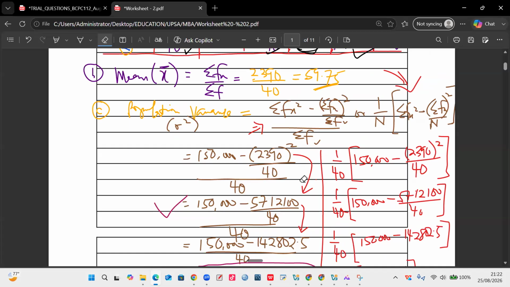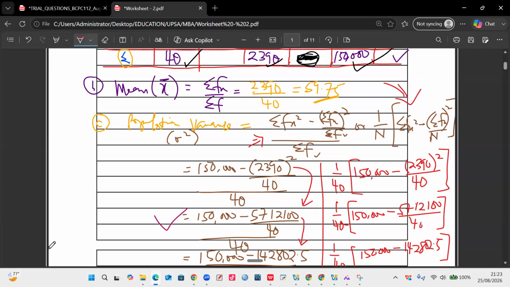Oh, okay. Wait, I don't get it. You said you use 150,000 minus what? Brackets open 59.75 bracket close squared, all over 40.